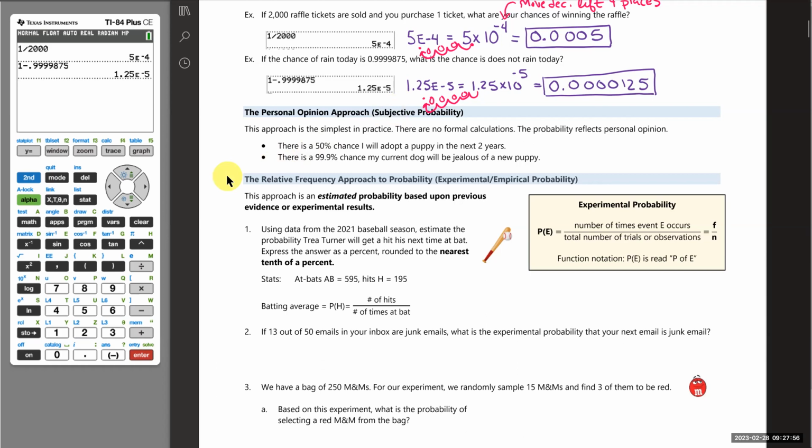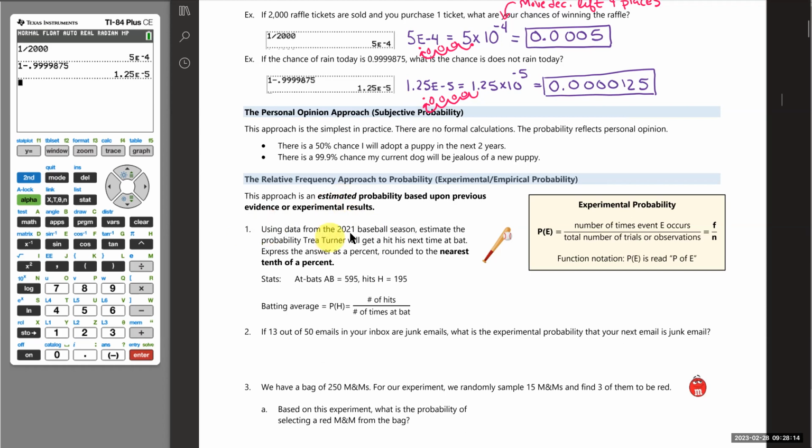Next, we'll talk about the relative frequency approach to probability, and this is also called experimental or empirical probability. So you can think of it as based on evidence. And this approach is going to be an estimate. And let's take a look at this example.